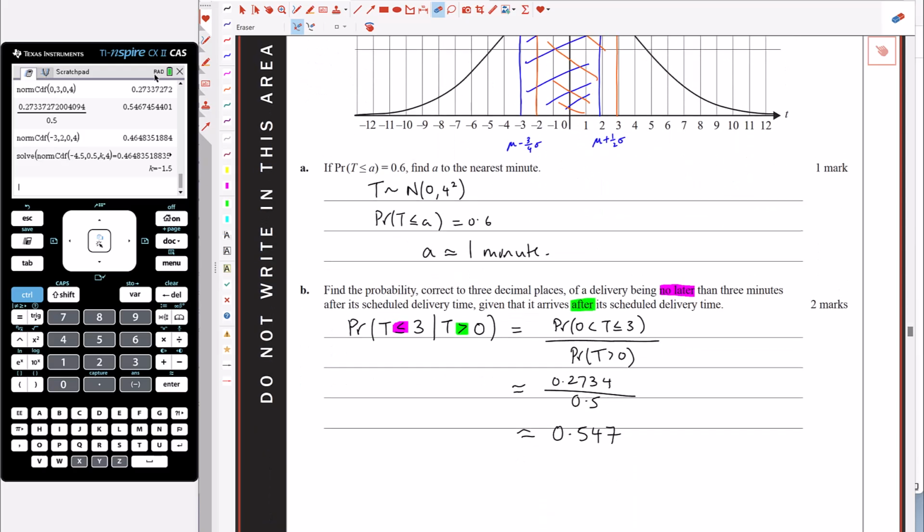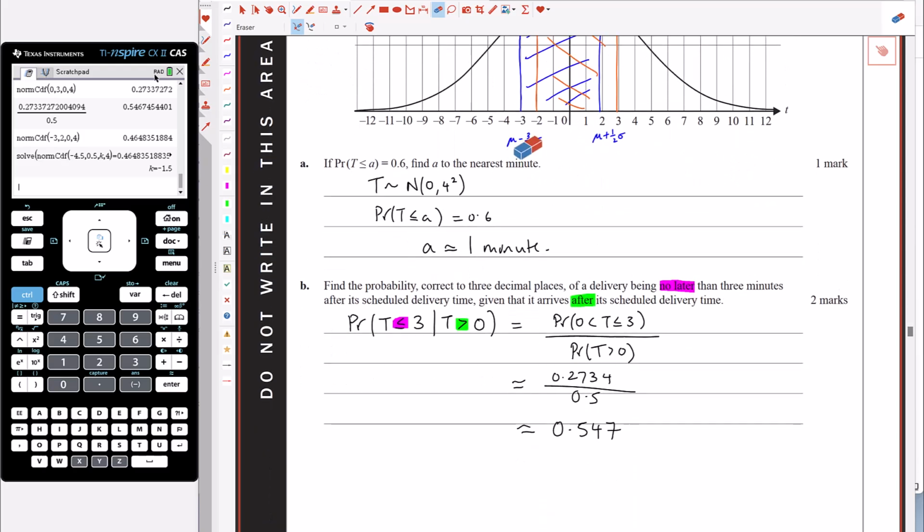So what do we want these to become? We want them to essentially become negative 4.5 and 0.5. And we know that the standard deviation is 4.